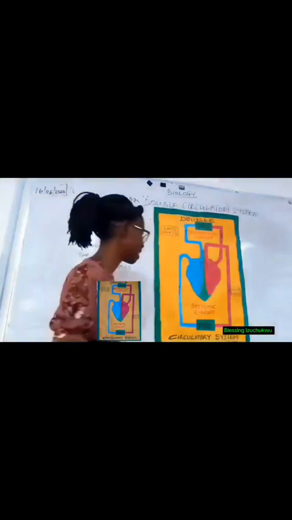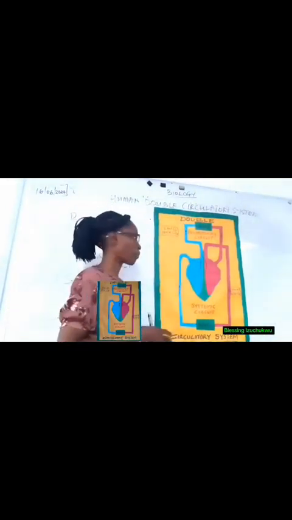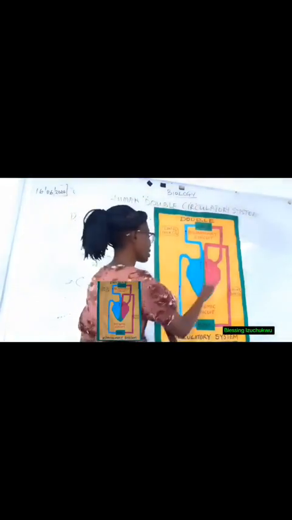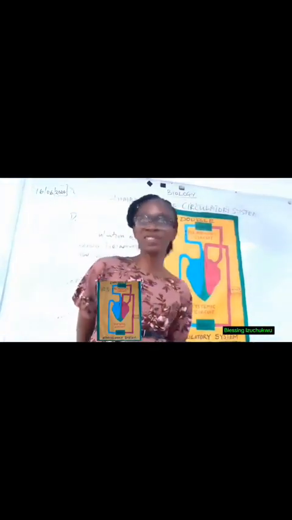Like I said previously, our model is going to help us understand this lesson clearly. So we have the heart there. Remember in our previous class, we said the heart is a muscular organ that pumps blood to other parts of the body. Of course, the heart also needs blood.